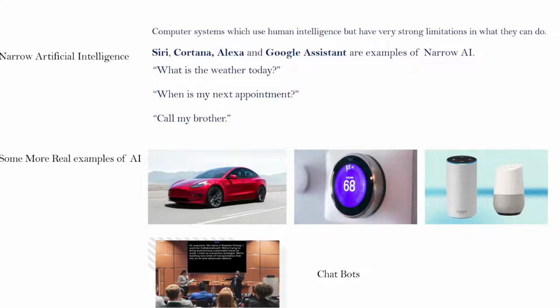Next, the middle example is the temperature sensor. It is different from the traditional one. This kind of temperature sensor is pre-programmed to understand what the cooling is and where the cooling should stop.